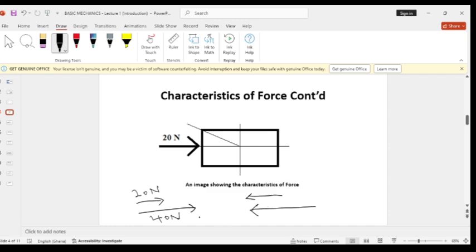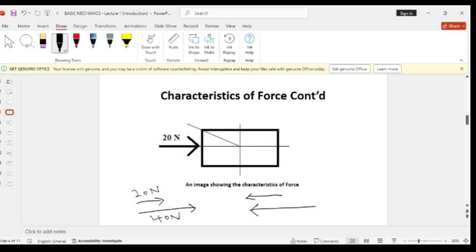You see, the 20 newton magnitude and the 40 newton magnitude are shown in this particular illustration to be in the horizontal direction. However, forces are not only applied in horizontal or vertical directions, they can be applied at any angle at all. The angle at which it is applied describes the direction of the force.